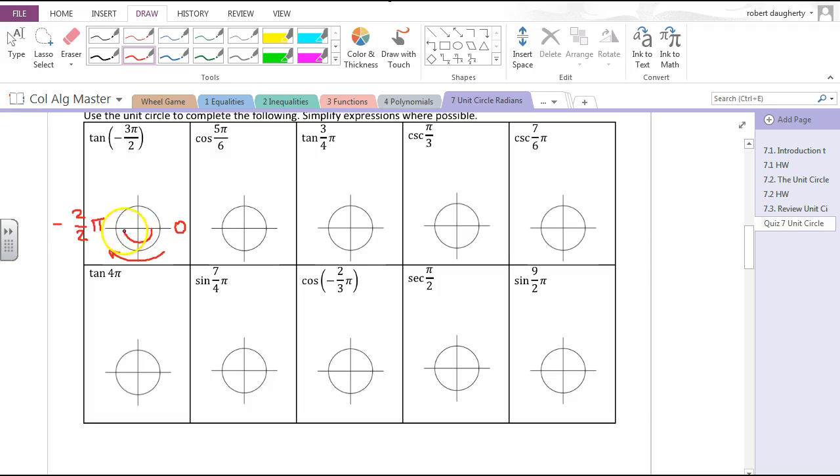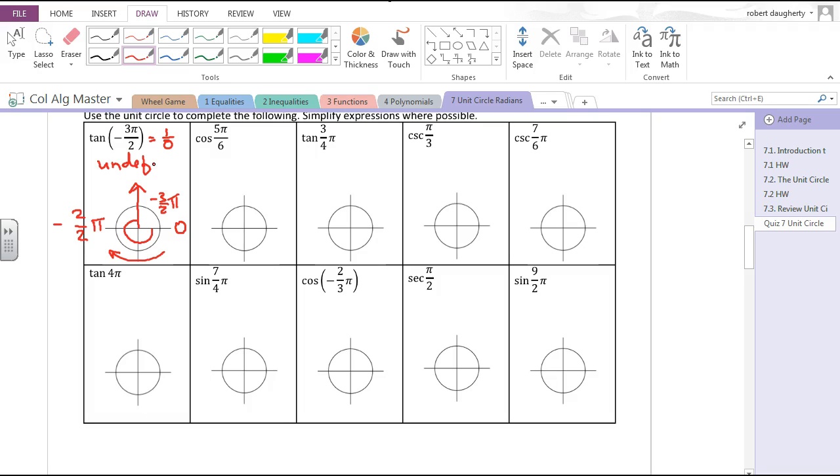So negative 3/2 pi is this angle right here. On the unit circle, that puts me at the same spot as pi over 2. What's the tangent at pi over 2? The tangent at pi over 2 is y over x. So this is 1 over 0, which you know to be undefined.